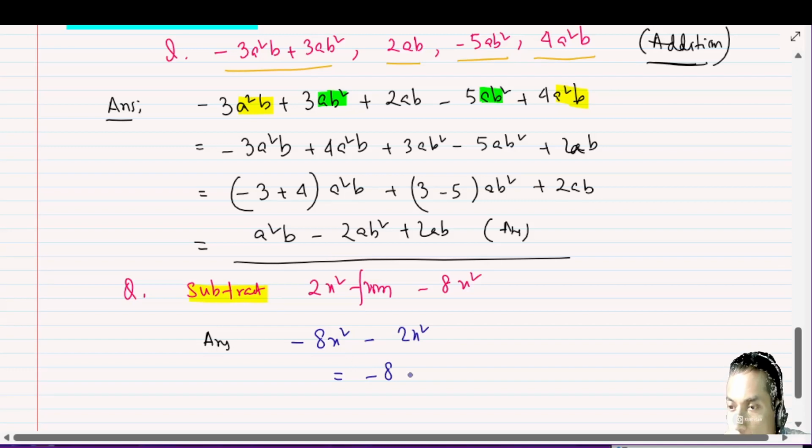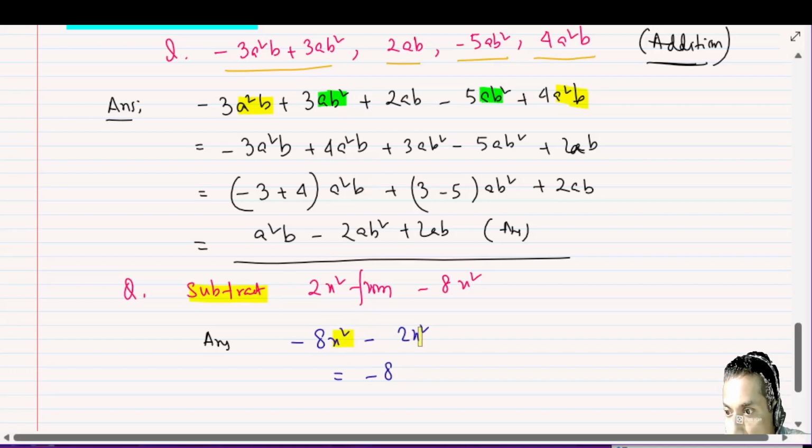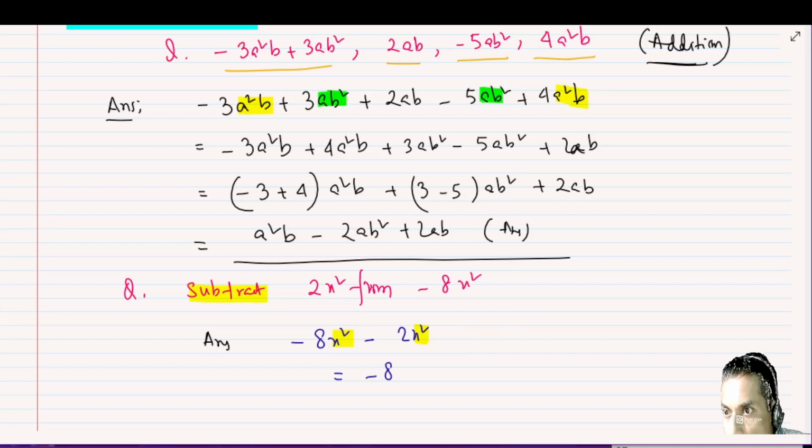again you can do the calculation, because always remember the addition and subtraction should always be with like terms. You must remember this, note it down.